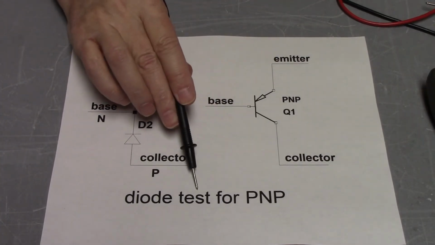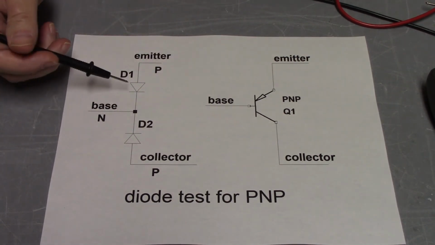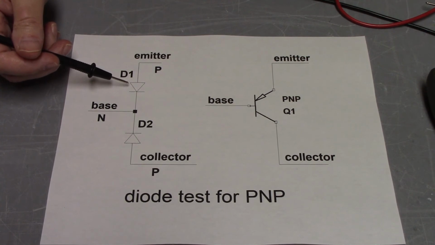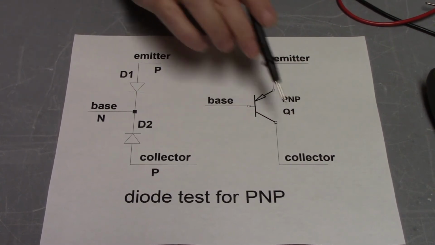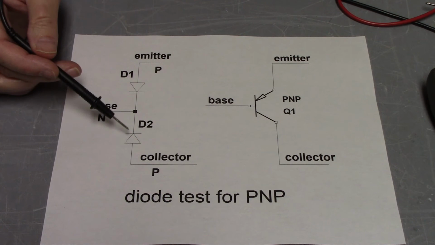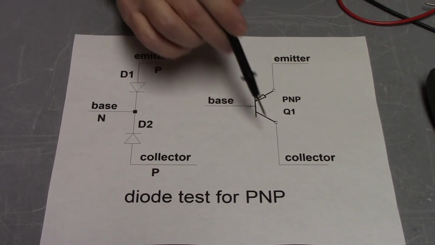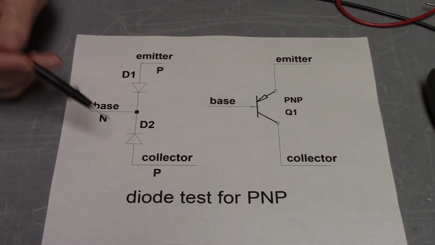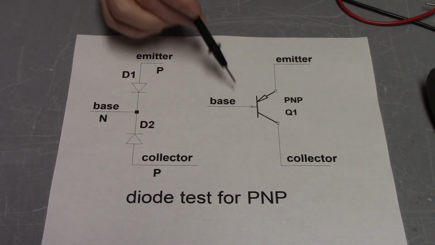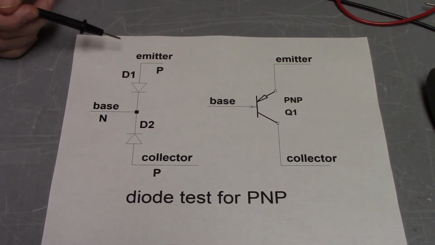We can also do this test for a PNP transistor. There's a little different mapping between the polarity of the diodes, the base, the emitter, and the collector. But if you just follow this sheet, you can see that the base collector diode has this polarity, and the base emitter diode has this polarity over here.